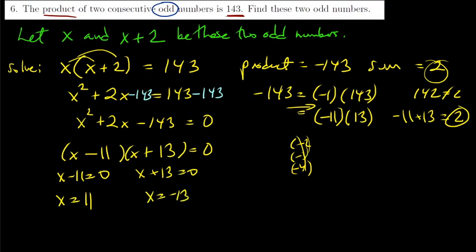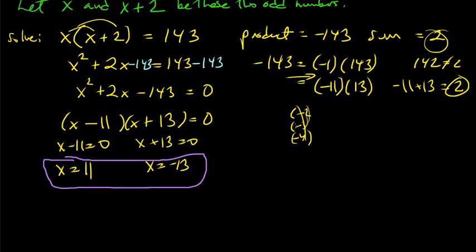Now, you have to be careful because these are not the answers. 11 and negative 13 are not consecutive odd numbers. Draw a number line. Negative 13 is way over here.